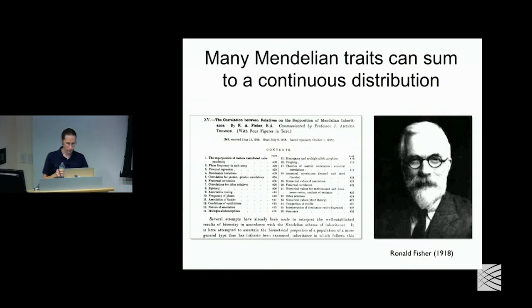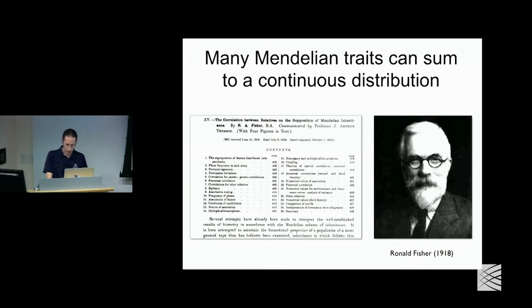Fisher then sort of resolved the mathematical debate around this question by simply pointing out that you don't need to violate Mendel's laws if you've got hundreds and hundreds of genetic variants, each of which behave in a perfectly Mendelian fashion, but their Mendelian effect was to increase or decrease height by a couple of millimeters, then you would get exactly what we see in the population, which is a perfect bell curve, which was 80–90% heritable.